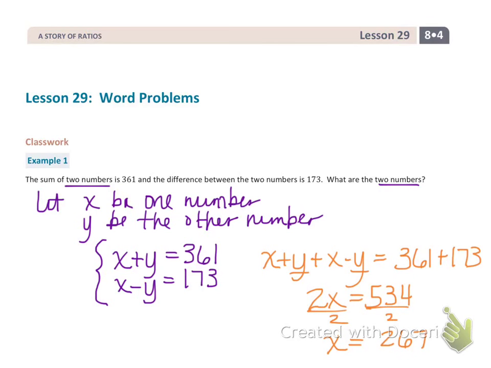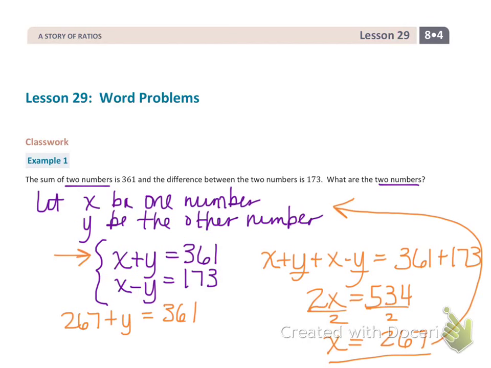So one of the numbers, and when I solve for a variable, I always like to go back. x is one of the numbers, so how can I find out what y is? Well, I could just plug 267 in for x in either of these equations. So I can plug it in right here and find out that 267 plus y will equal 361.